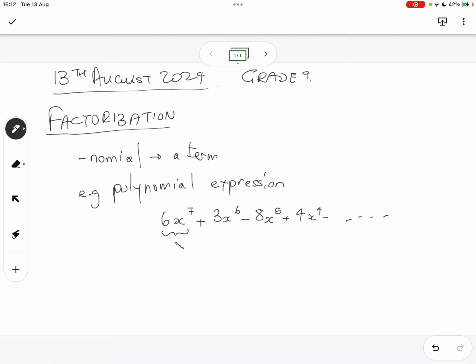You see? So all of these things, each one is a term. Or we could call it a nomial.